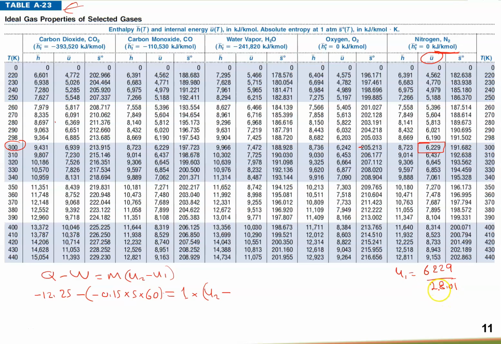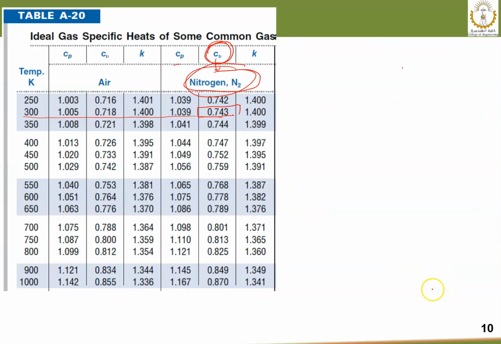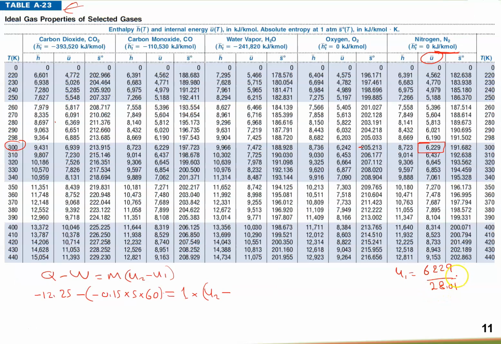This you can get from table A1. So this is 222.38 kilojoule per kilogram. This is your U1, 222.38 kilojoule per kilogram.